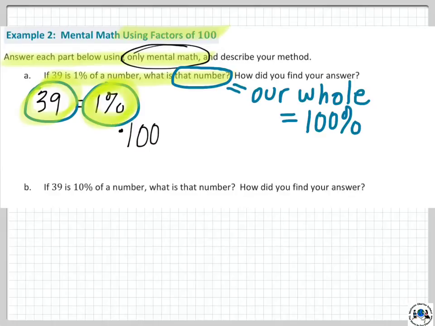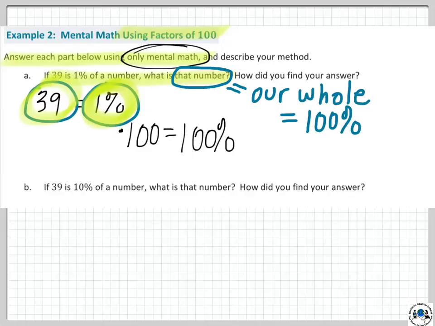So what we're going to look at is one whole. How do you get from 1% to our whole of 100%? Well, you multiply by 100. And like any good algebraic process, what you do to one side of the equation, you do to the other. We're doing this in our head, but I'm doing it on paper here because I'm showing you my process. I know that 1% times 100 is 100%.